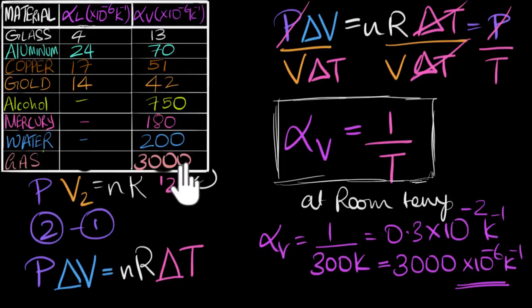In fact, the most precise thermometers today are gas thermometers, and one of them is called the constant pressure gas thermometer. So the idea is we keep the pressure constant, and as the temperature changes, its volume changes, and just by calculating how much the volume has changed, we can figure out very accurately how much the temperature has changed. Gas thermometers.